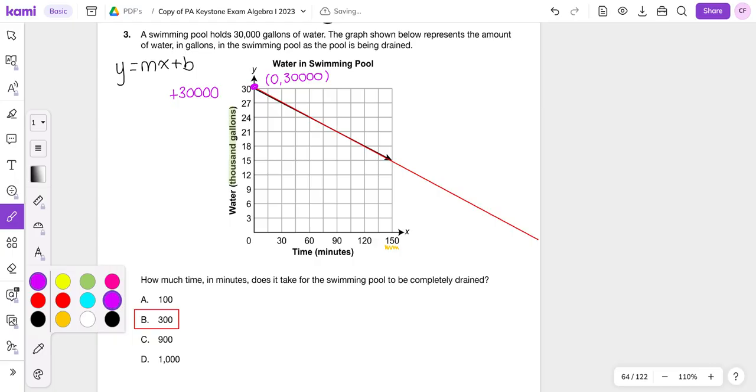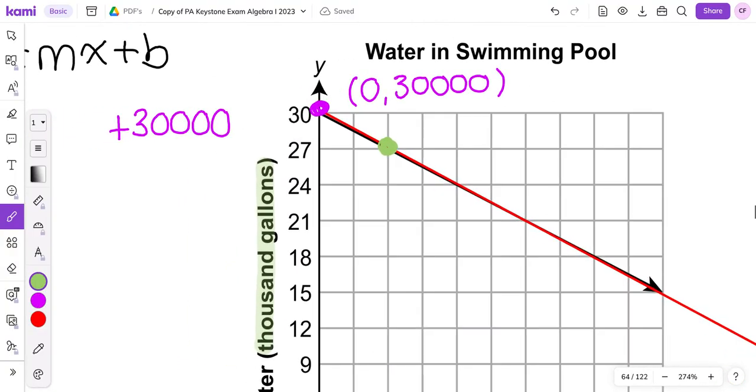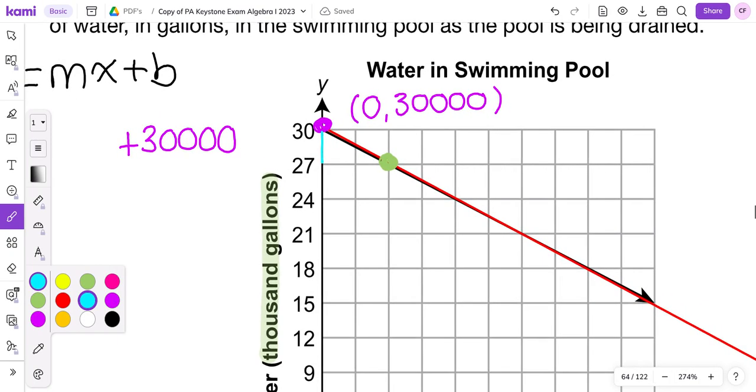Then if we build our little triangle to calculate the slope, I'm going to pick another point on here. I'll just pick this one as my second point, and as we build the slope here, our slope triangle, it is going down 3, but this is specifically going down 3,000.